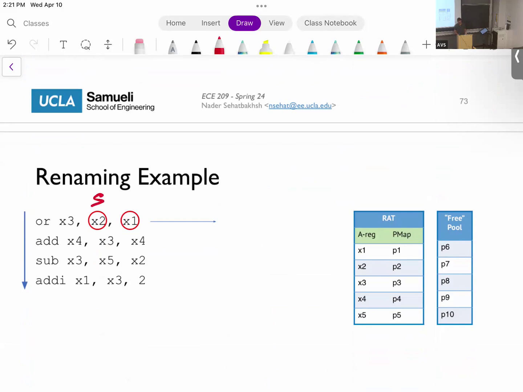For source registers, you go to the RAT and whatever mapping it says, you're going to use it, okay? So in this case, it's P1 and P2. In this case, for example, it's P4 and P3. Student: So the source registers don't change? They don't change, as in you still do the mapping to the physical, because the physical is the one that you're going to use, but you just assign a new register to them.